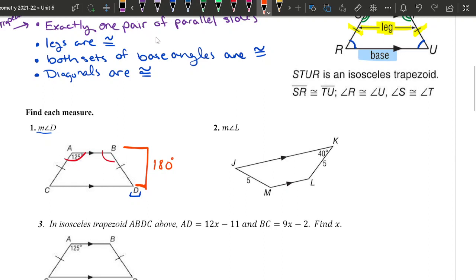So if the top one, B, is 125, do 180 minus the 125, and that gives us angle D, which is 55 degrees. So we know the angle D is 55 degrees, and then we also know that angle C is congruent to angle D, so that would also be 55 degrees.